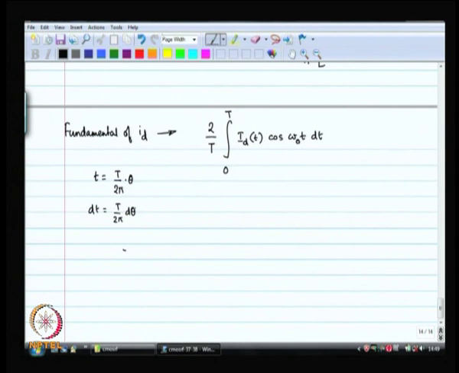Okay. This is the substitution I am going to make, and as a result 0 will relate to 0, capital T will be relating to 2 pi, or you could shift your integration from minus T by 2 to plus T by 2, you could do that also. That I think will be helpful in our case.